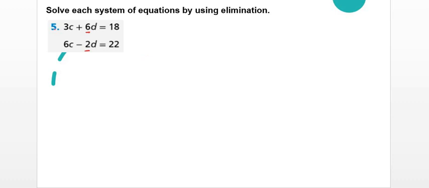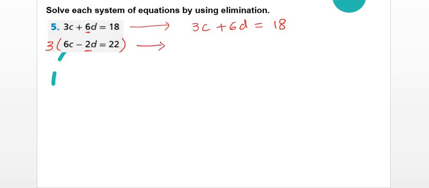Clear? Okay. For example, if a student wants to equate the c coefficient, he will multiply the first equation by 2, because 3 times 2 will give you 6, right? So I'm not going to make any change in the first equation, so it's 3c plus 6d equals 18, and I'm going to multiply the second one by 3 only, not by -3.